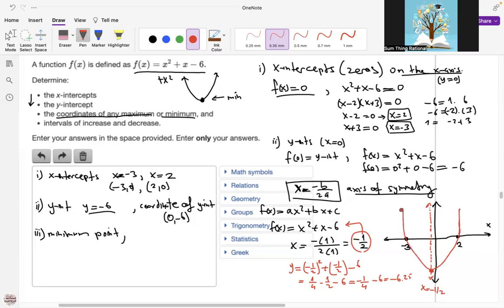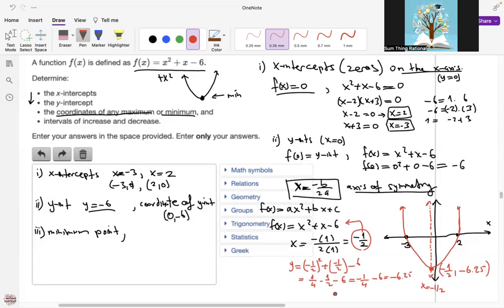As you see here, the vertex point is at −1/2 and −6.25. Either you can write it like this, or you can write −0.5 and −6.25.